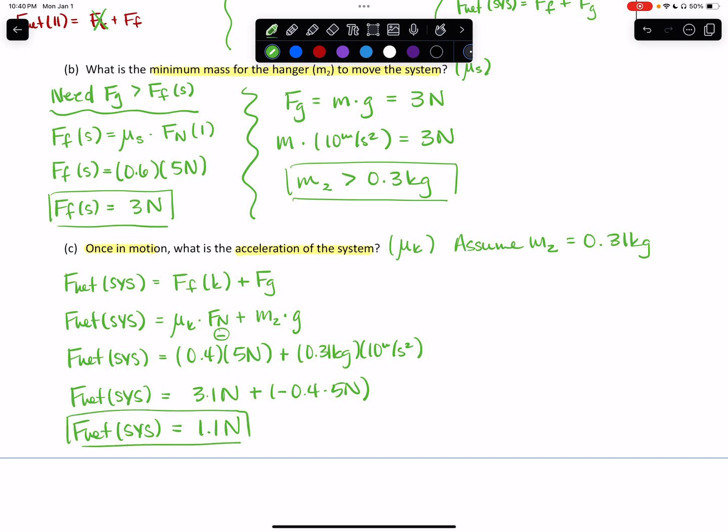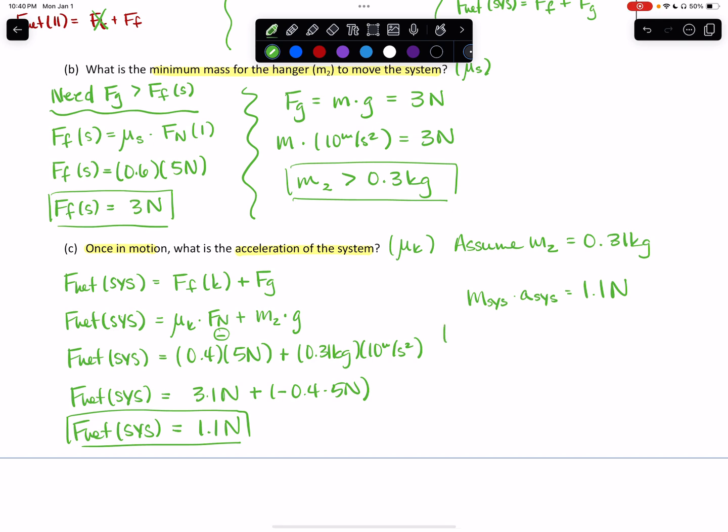I know by Newton's second law that F net also equals mass of the system times acceleration of the system. So that's all going to be equal to 1.1 newtons. I need to calculate the mass of the system.